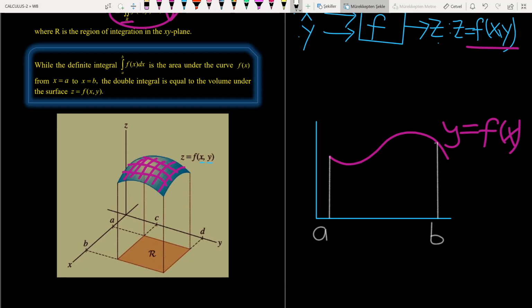What we did before, we chose a length. Let's call this length dx, and we created a rectangle.